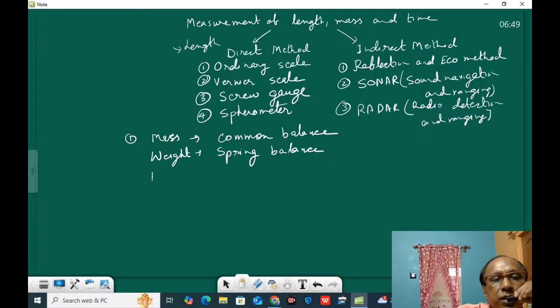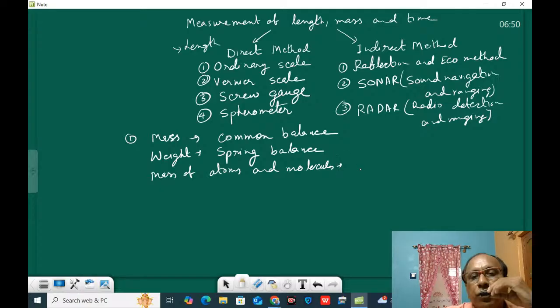To measure the mass of atoms and molecules, we use a mass spectrometer. For time measurement, we use quartz clocks. This is for measuring mass.